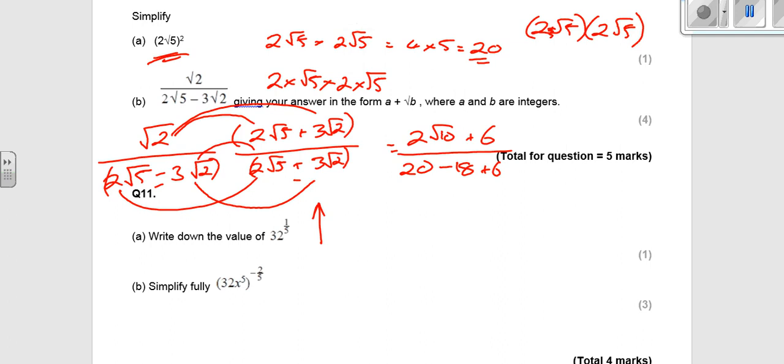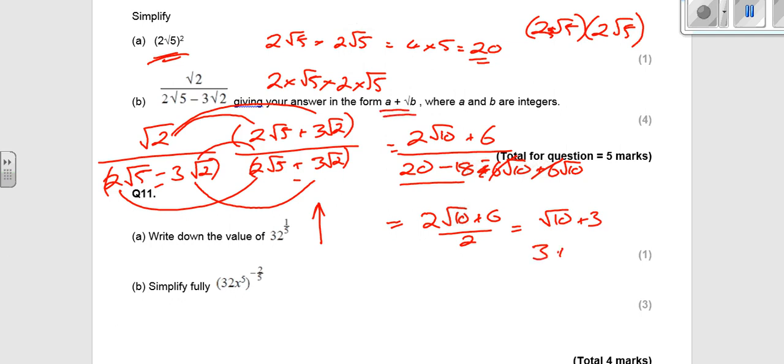So, no, that's minus 6 root 10 plus 6 root 10, and they cancel out, which leaves you with 2 on the bottom. So 2 root 10 plus 6 over 2, which equals root 10 plus 3. And they want it in this format here, so we write it as 3 plus root 10.